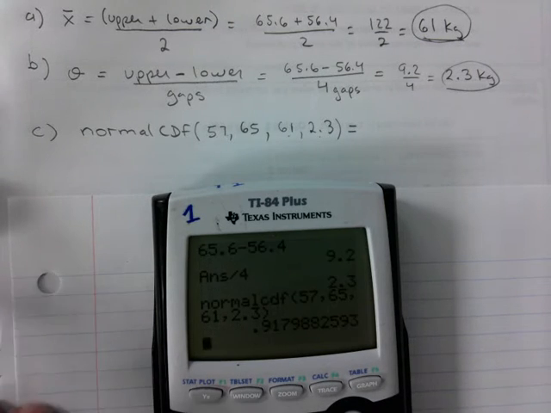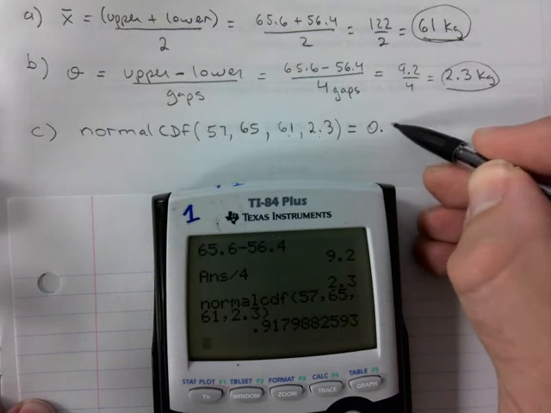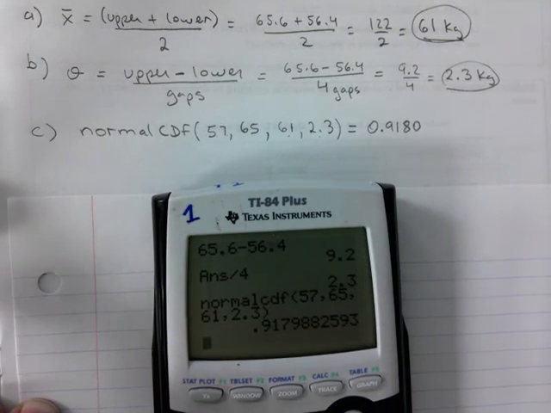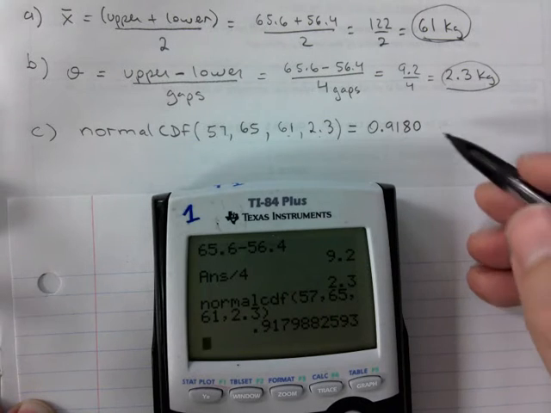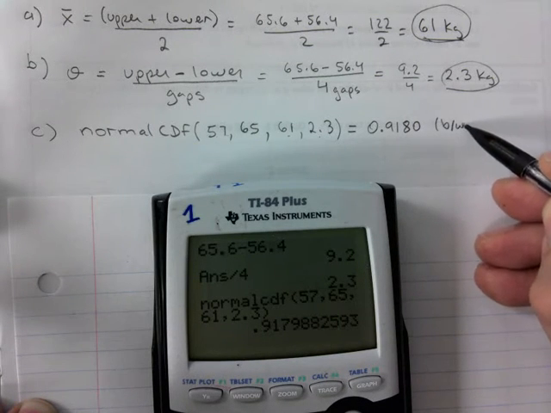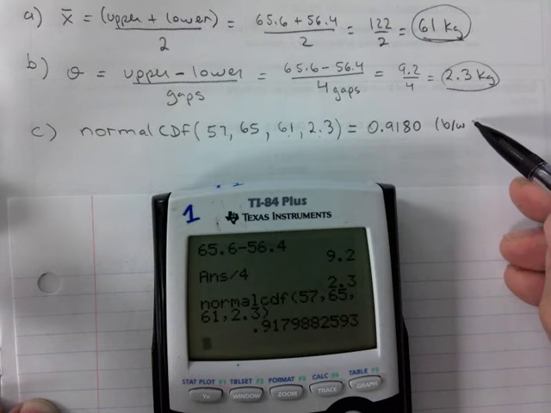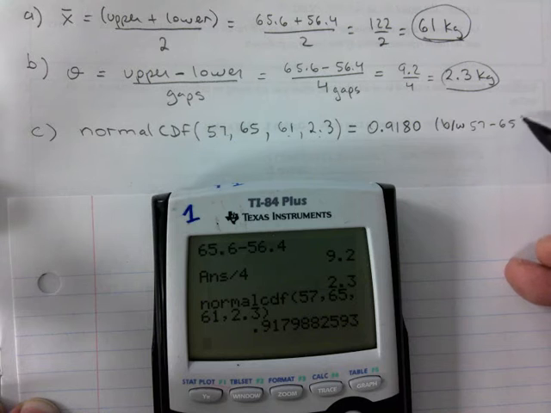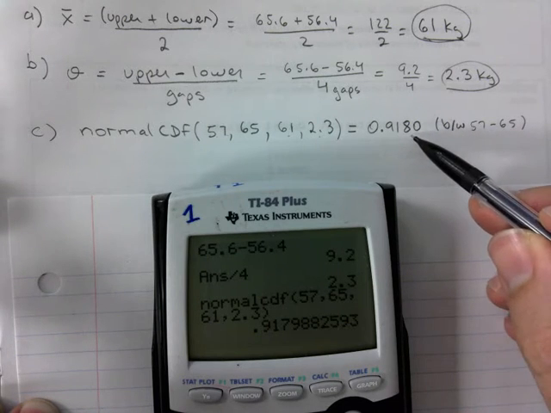Make sure you try this. So you have 0.91, that rounds to 80, right? These would be between 57 and 65, right? That's what I just found.